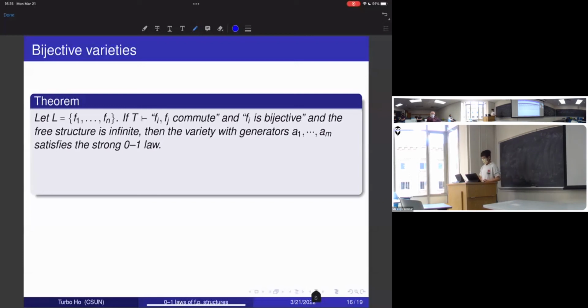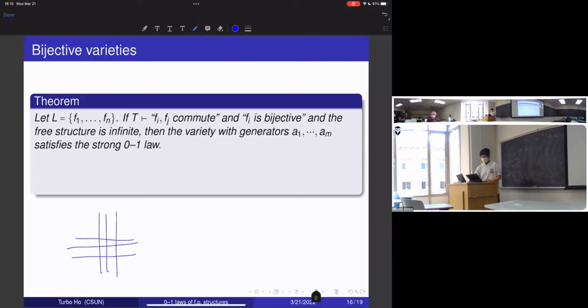Okay. So again, let's just look at a very quick example, just a two-dimensional example. If you have F1 inverse, F2 inverse, then your free structure is going to look like Z2, right? Where this is the F1 direction and that's the F2 direction.